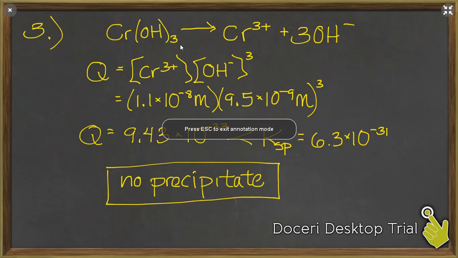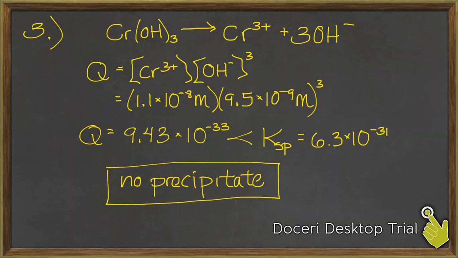So as I said, chromium hydroxide is the one that we're concerned with. I wrote my Q expression, and I just took those molarities right out of the problem. In the practice problem that I worked through with you earlier, we were not given the final molarities. We had to calculate them by doing M1V1 equals M2V2.